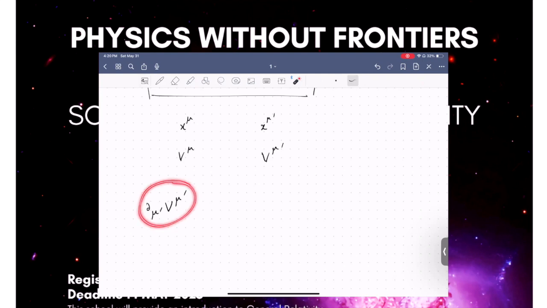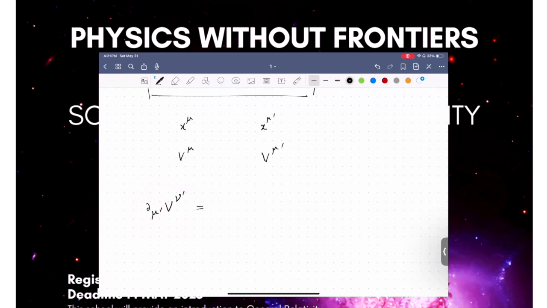This is some quantity written in some coordinate system, and we want to write the same quantity in this coordinate system and see how they are related to each other, right? So the things that we're going to use are the transformation rule for tensors and the chain rule for partial derivatives.